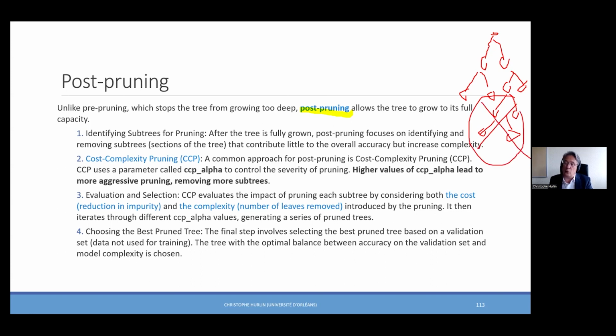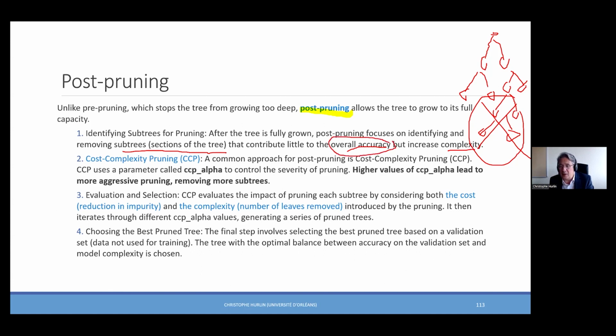We will compare some subtrees obtained from the initial tree by removing some subtrees, some sections of the tree. We will see if by removing some sections of the tree we reduce the complexity of the model, and then we will see if there is an impact on the accuracy.